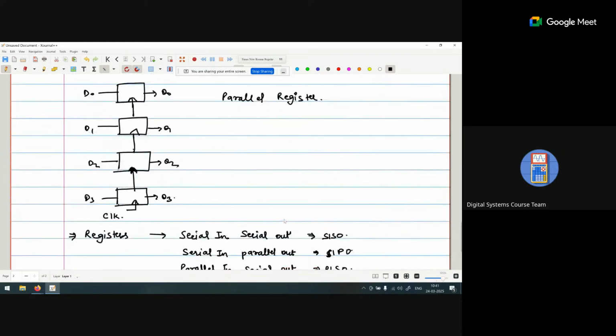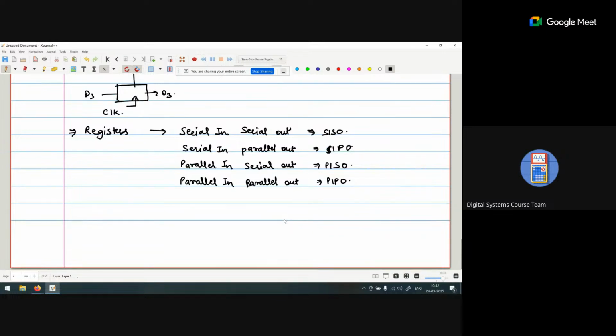So four combinations are possible: serial in parallel out, serial in serial out, parallel in serial out, and parallel in parallel out.